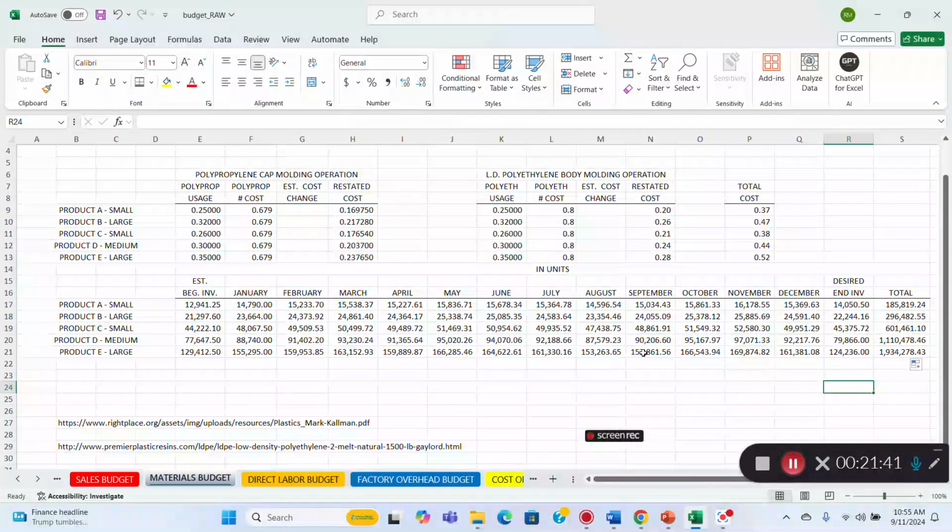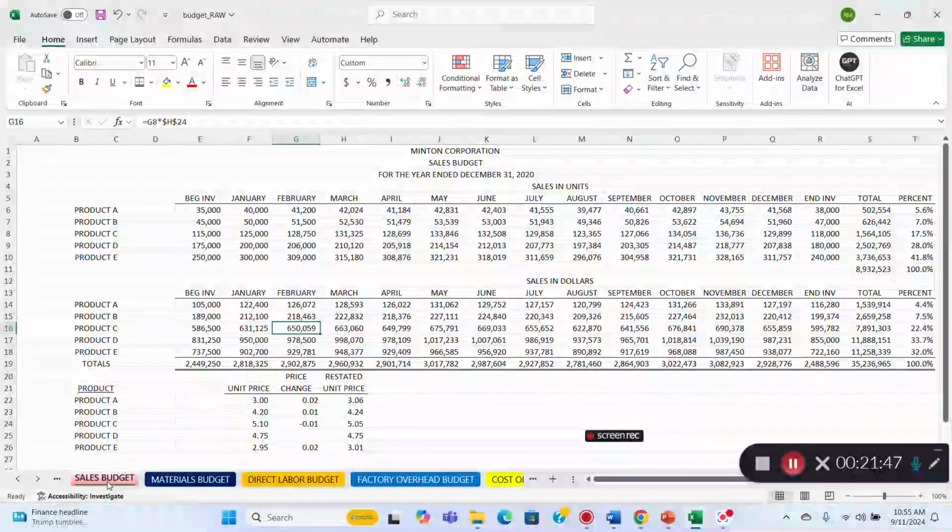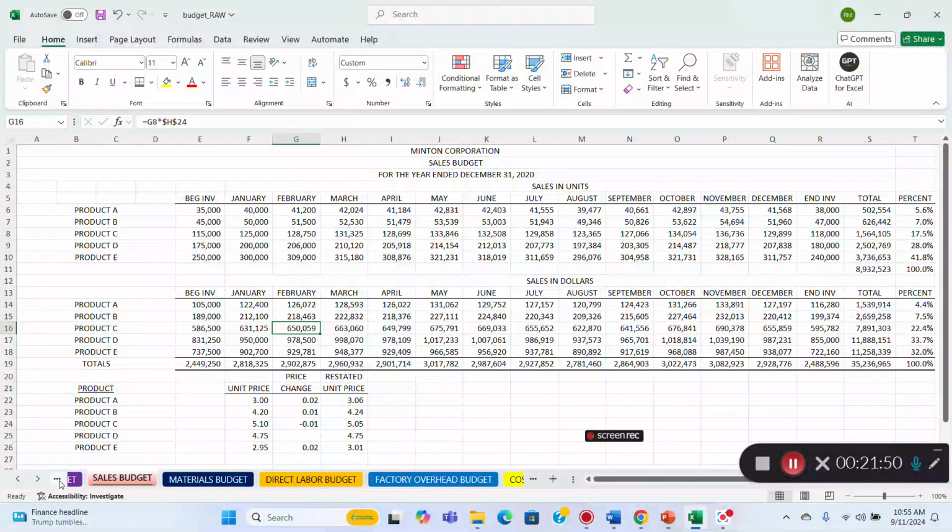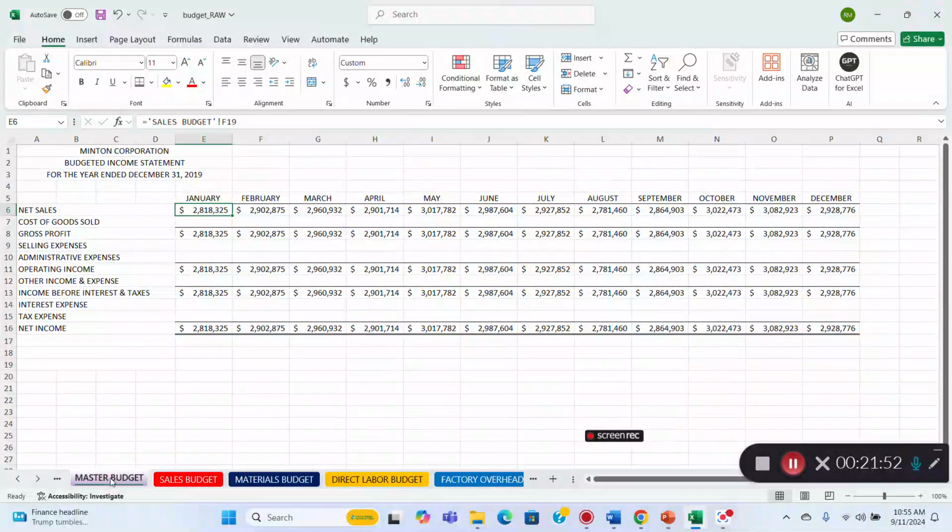Now, again, when I come back over here to the master budget, you notice that it's cost of goods sold. So I have to do materials, labor, and overhead to get to those numbers.